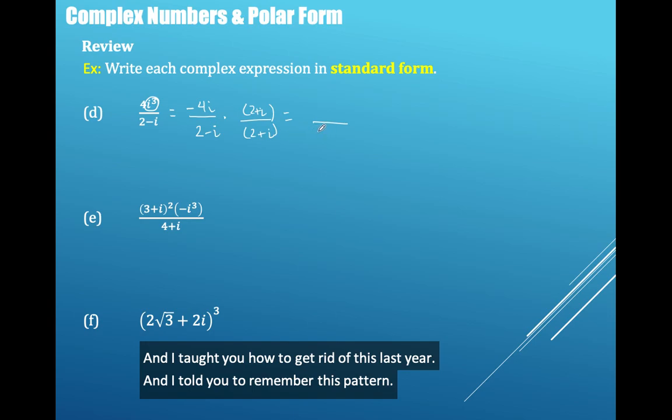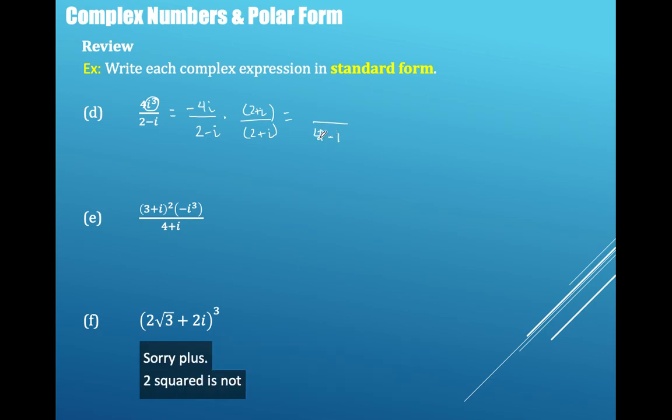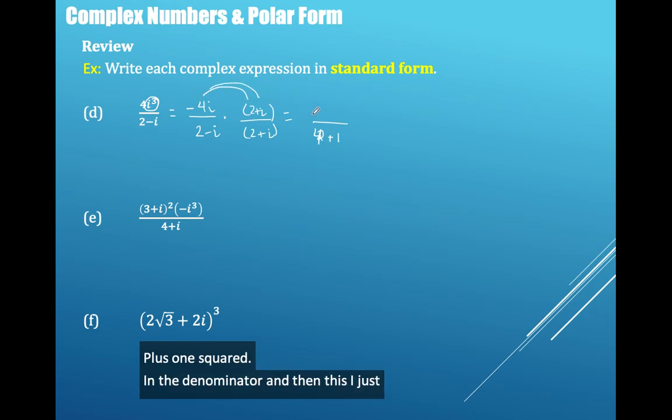This is going to be 2 squared minus 1 squared. I'm sorry, plus. 2 squared is not 2, Laura. 2 squared plus 1 squared in the denominator, and then this i I just have to distribute.